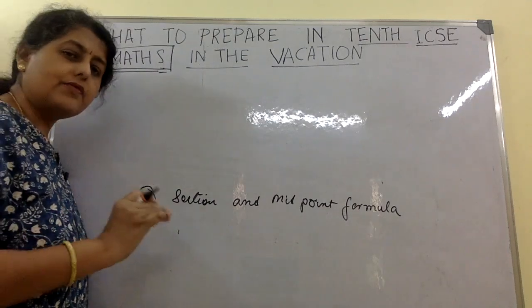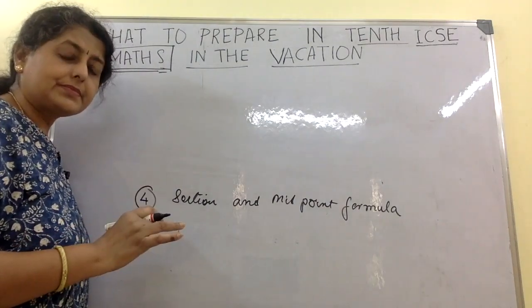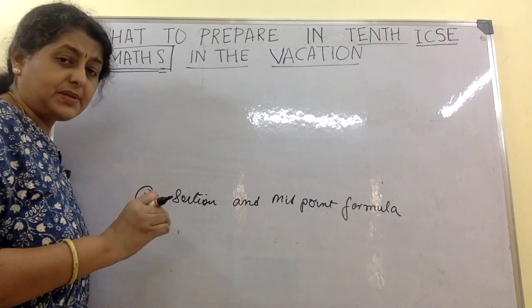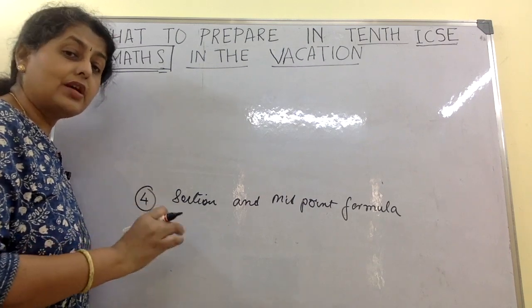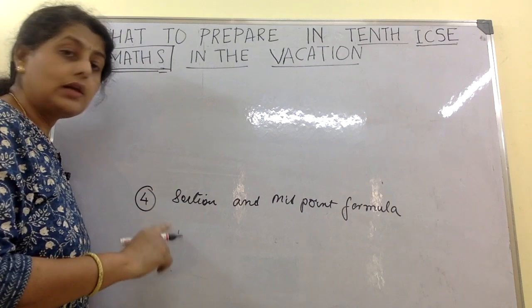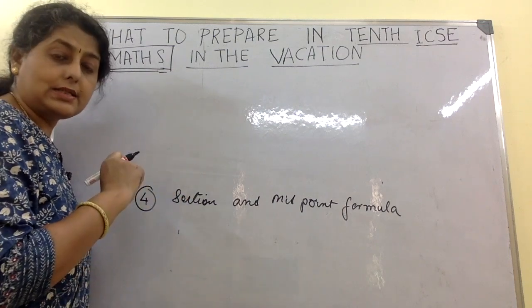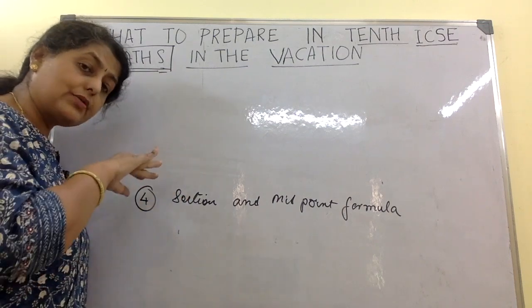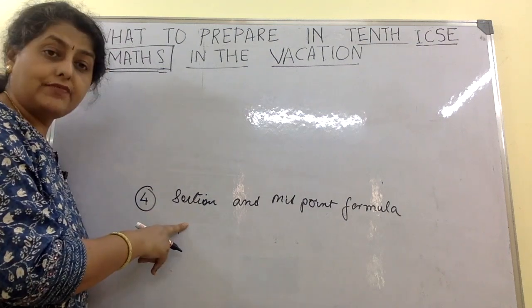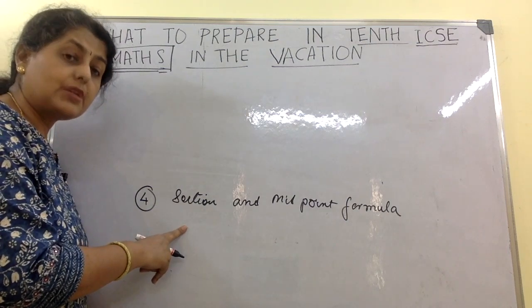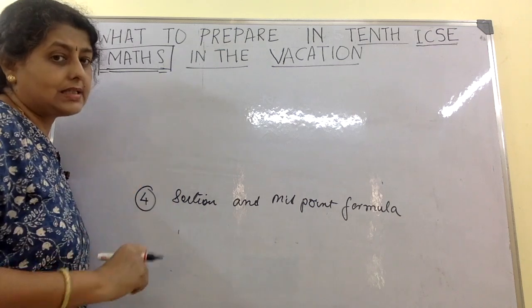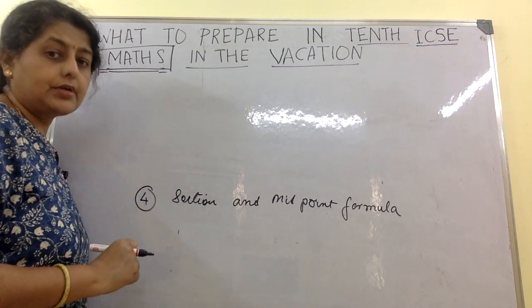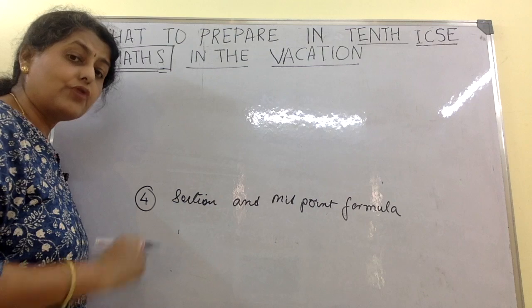You have kind of done it last year, a little bit. You have done the distance formula last year. So in continuation with this, in coordinate geometry, you have section and midpoint formula, which you must learn. You must learn these section and midpoint formula sums.